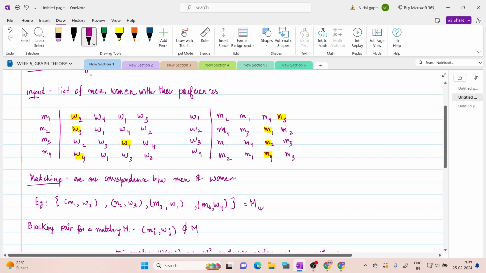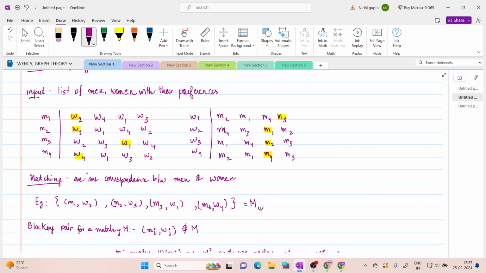Before defining stable matching, what is a matching? A matching is a 1-1 correspondence between men and women. In this list you can see there are 4 men and 4 women and they have listed down their preferences. So a matching will assign to each man a woman, and we have to assign a different woman to each man.